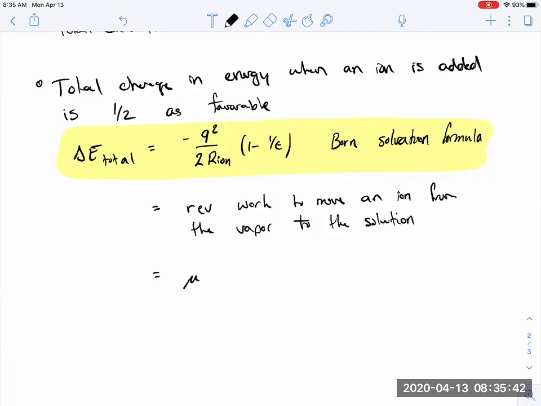So this is equal to the change in the chemical potential in going from vapor to liquid, but neglecting those translational states. So this is the change in the standard state chemical potential. So indeed, in going through this calculation, what we have arrived at is an explicit formula for the change in standard state chemical potentials when I move an ion from the vapor, where it doesn't interact with anything, there's nothing to polarize, to the liquid.